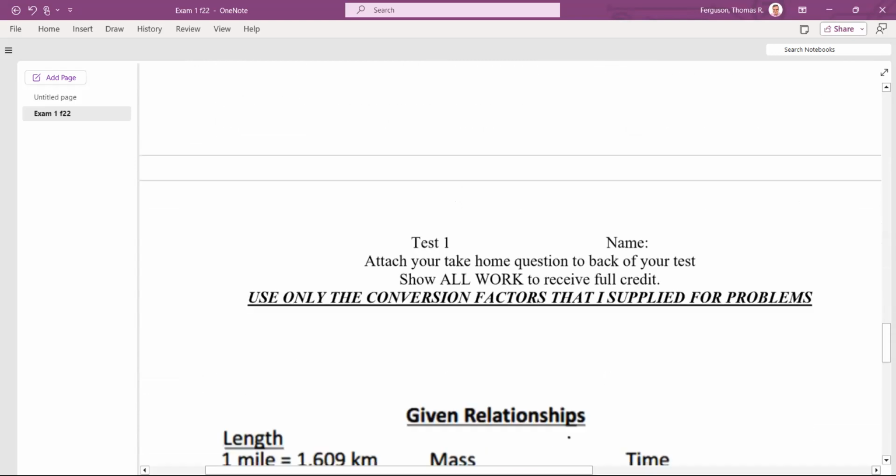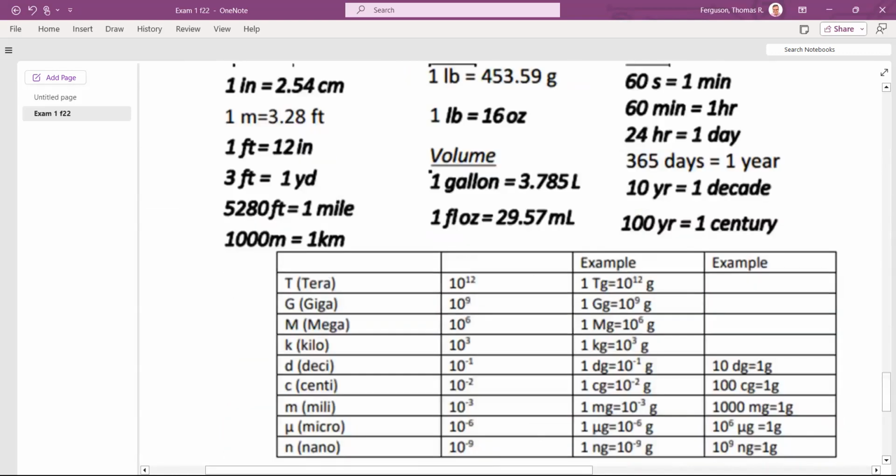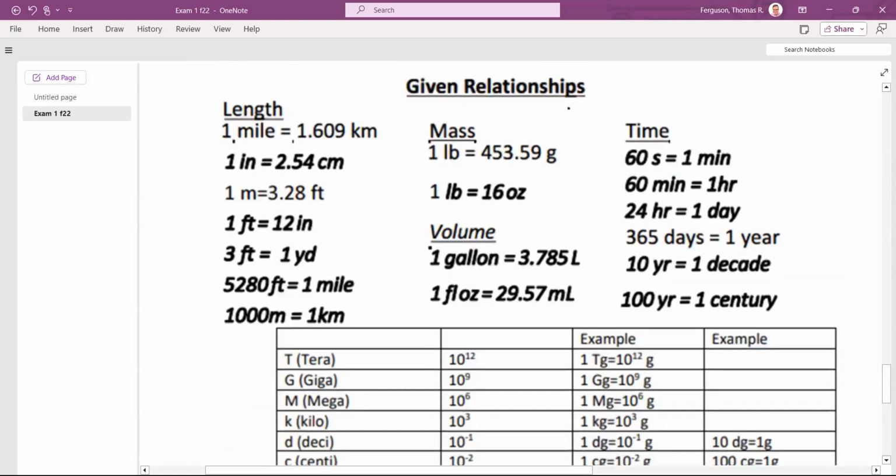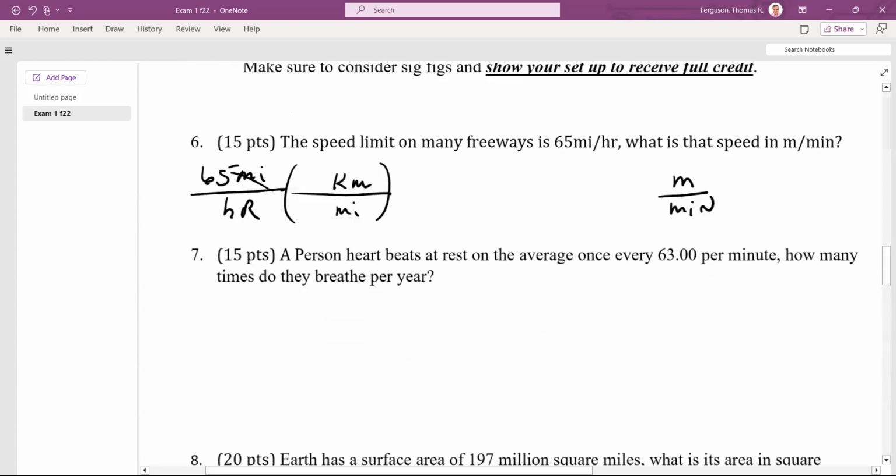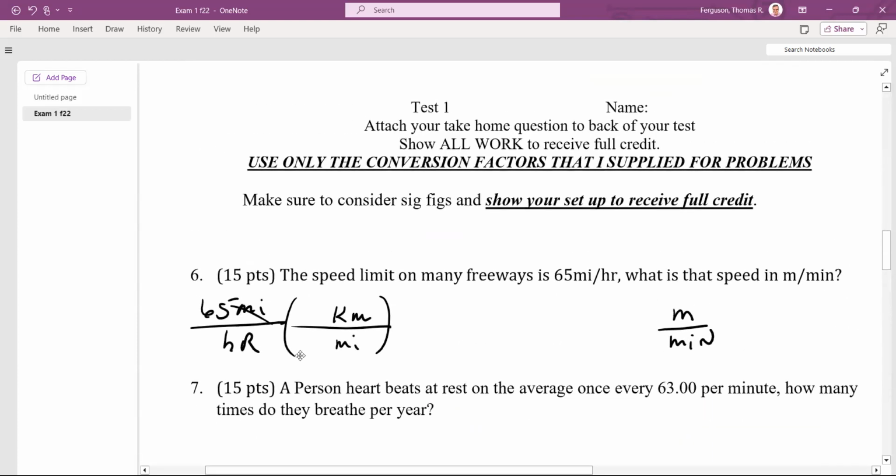Is it 1/6? 1609. Okay. Now we need to get the kilometers to meters.